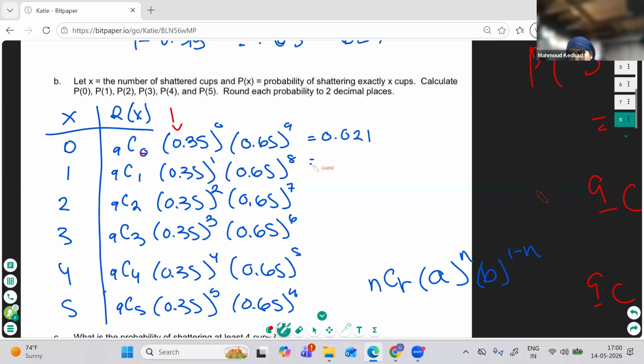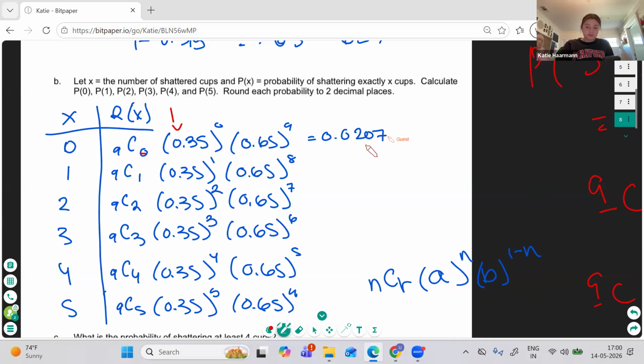What was the next number? 0.021? For the first part, was it 0.021 or 0.07? It was 0.021. Oh, okay.